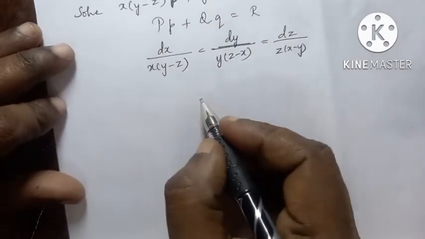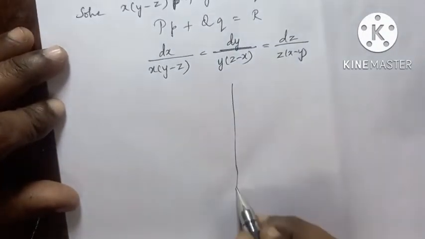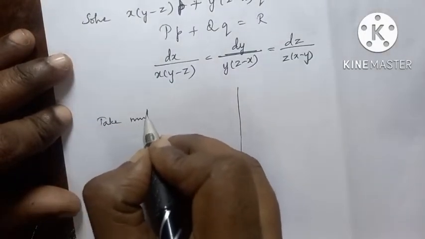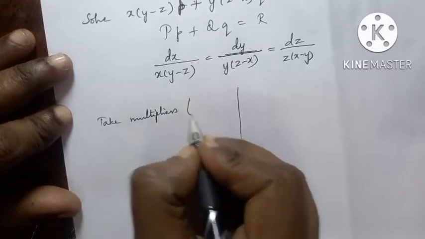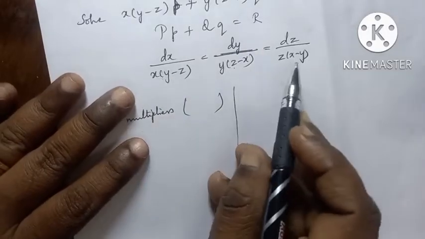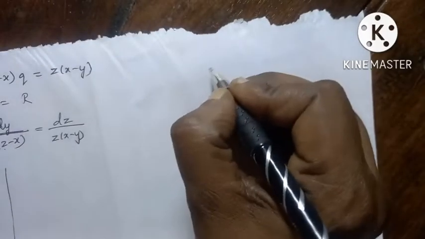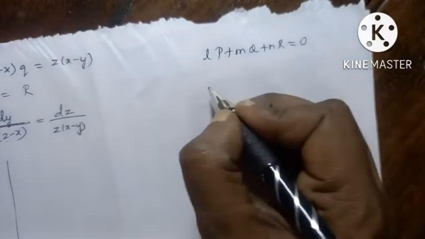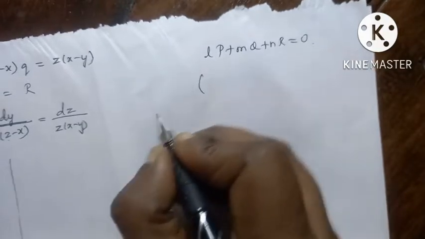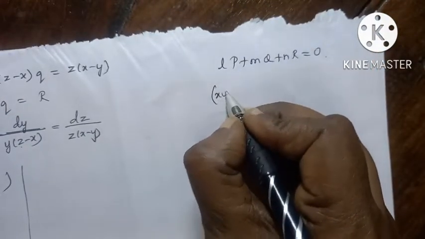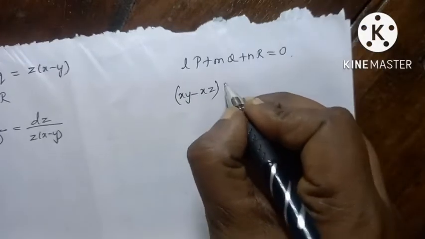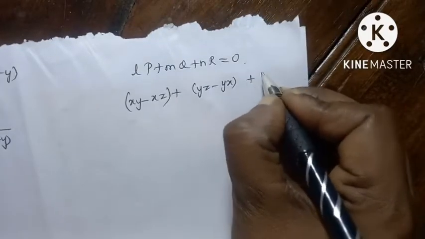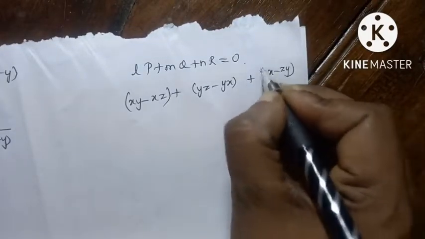Let us consider, listen here, we have to take two sets of multipliers. See, it is P, Q, R. Let us take it in the rough work. I want lP plus mQ plus nR equal to 0. What is P, Q, R? x into y minus z, or I can write xy minus xz; yz minus yx; zx minus zy.